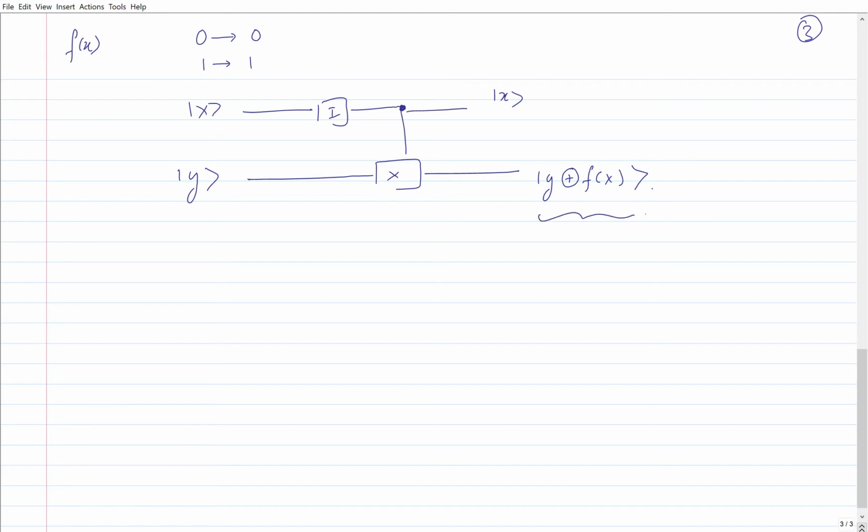That's going to be the implementation of my Uf over here. Y plus fx is going to flip when fx is 1. So that's the idea.